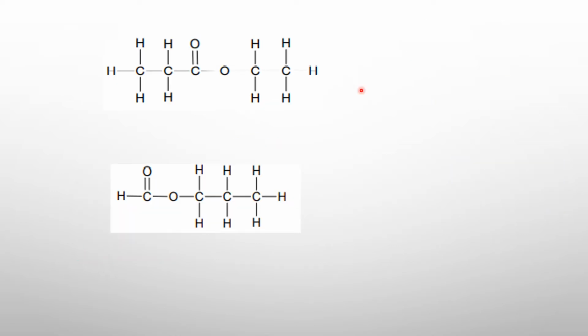Let's look at some more examples of naming these esters. So the first one, that is the alcohol group, right? Alcohol has lost the H, while acid has lost the OH. Now this alcohol is containing 2 carbon, so the prefix is eth. Eth becomes ethyl.